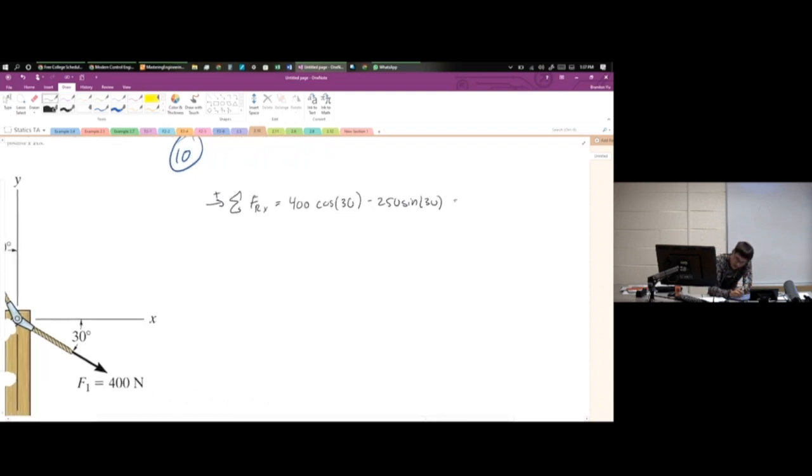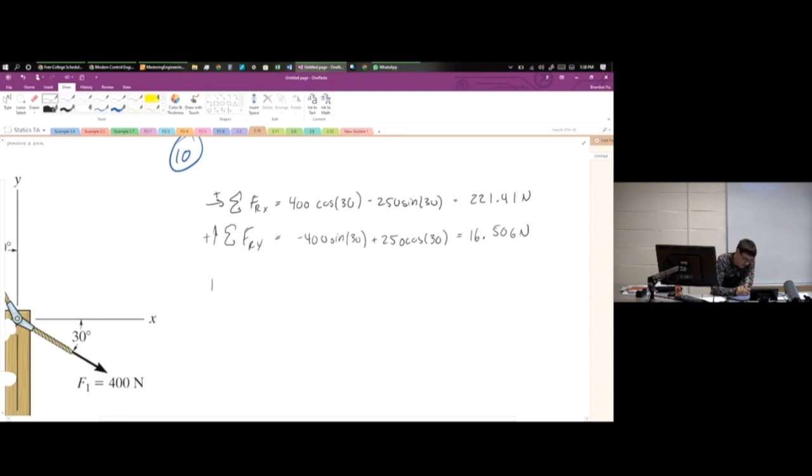I got 221.41 newtons. And then upward, plus Fy is going to be your negative 400 sine 30 plus 250 cosine 30. And then you put it in your calculator, I got 16.506 newtons.